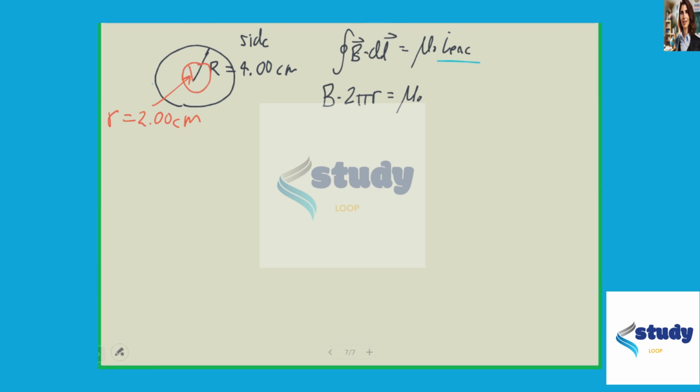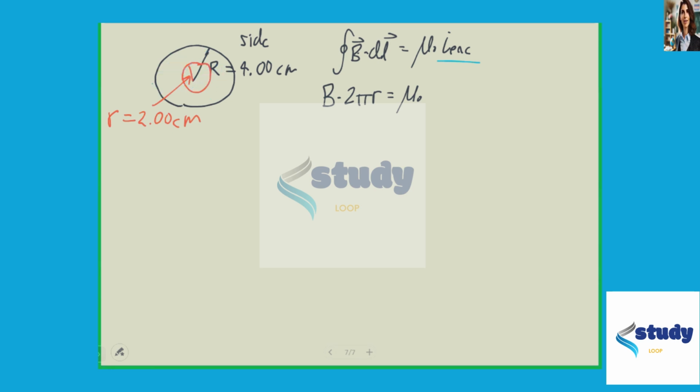And the answer is actually given directly by the current density. Because there's a constant density, the amount of current in this chunk of the area is just going to be the ratio of the area of this red circle to the overall black circle.